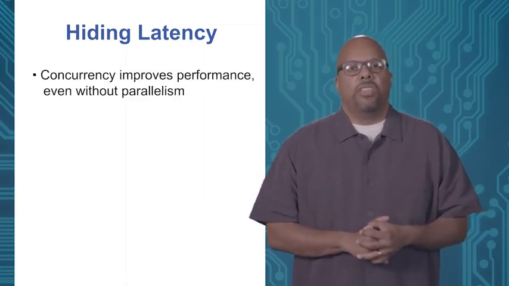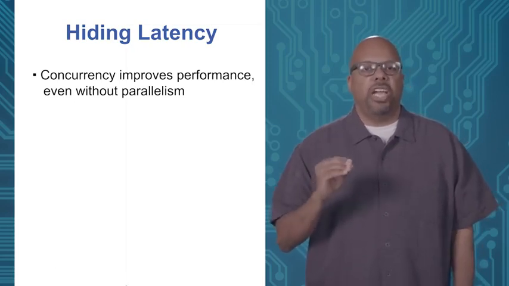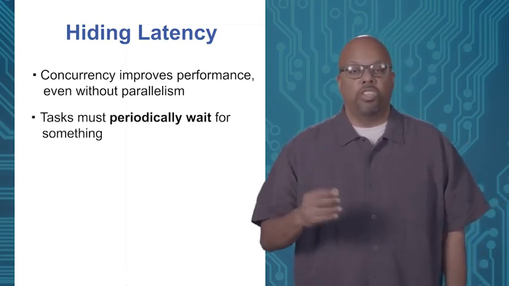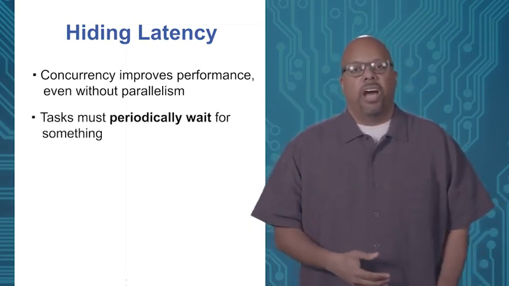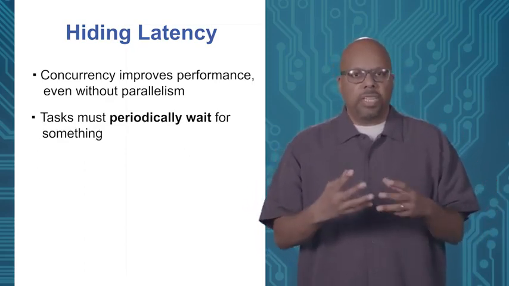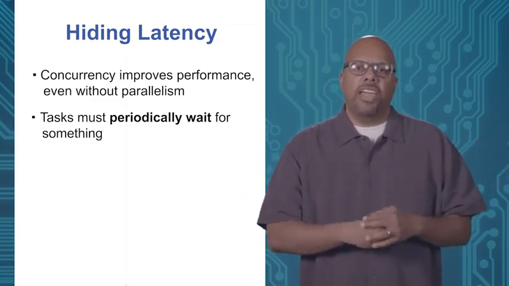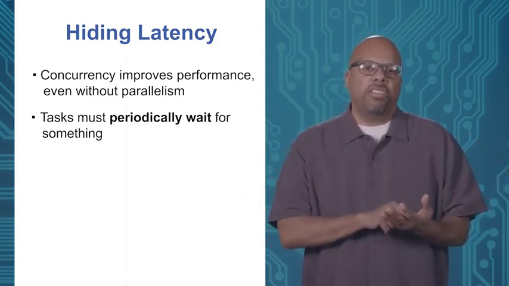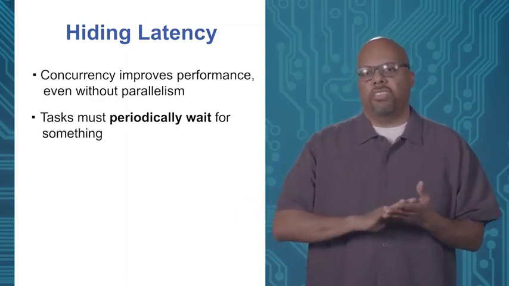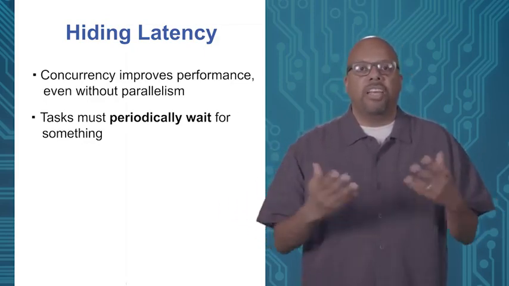The reason why this happens is because typically tasks have to periodically wait for some event, some slow event. Now, there's many of these slow events, typical input-output things. So the idea is that in a machine, there's a CPU, a processor, and that runs fast. But when the processor has to communicate with other things that are other chips on the same board, that is slow.